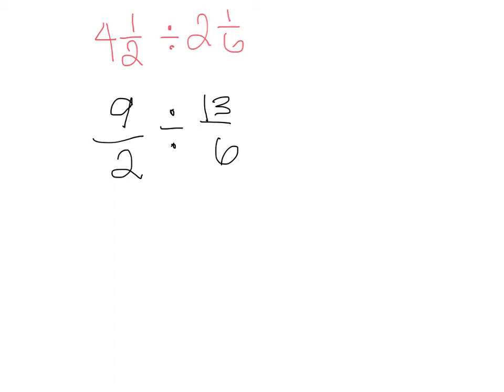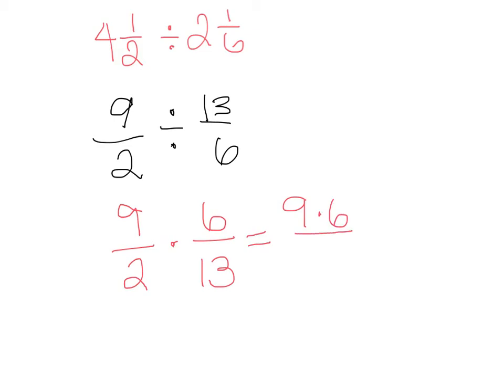Now we can go ahead and divide. So we have 9/2 multiplied by 6/13 because that's the reciprocal. So we have 9 multiplied by 6, 2 multiplied by 13. Alright, so we have 54/26.